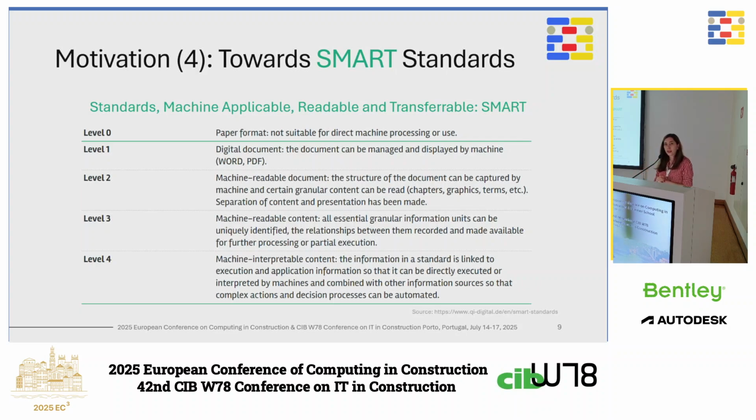With that said, the next motivation, which is a new trend in Industry 4.0, but also inspired by e-governance and also European Commission direction, is what is called SMART standards, which stand for standards that are machine-readable, machine-applicable, and transferable. We had a little bit of internal discussion about where we are with these different levels.